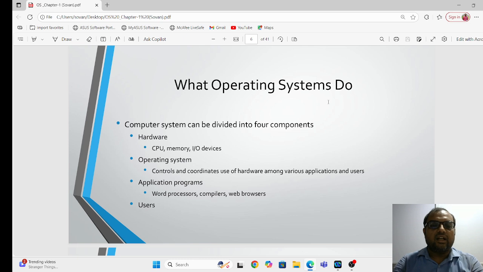Except for the CPU, memory is the vital part. You know that there are two types of memory. One is main memory. In the main memory the data and files are loaded or stored, and we can access the data from the main memory.